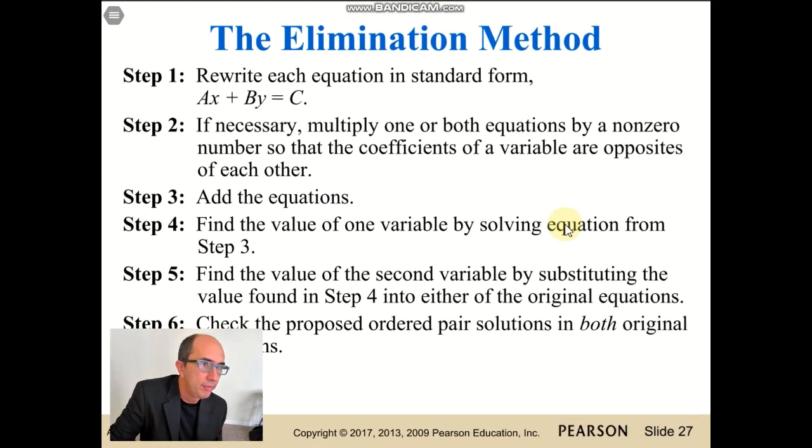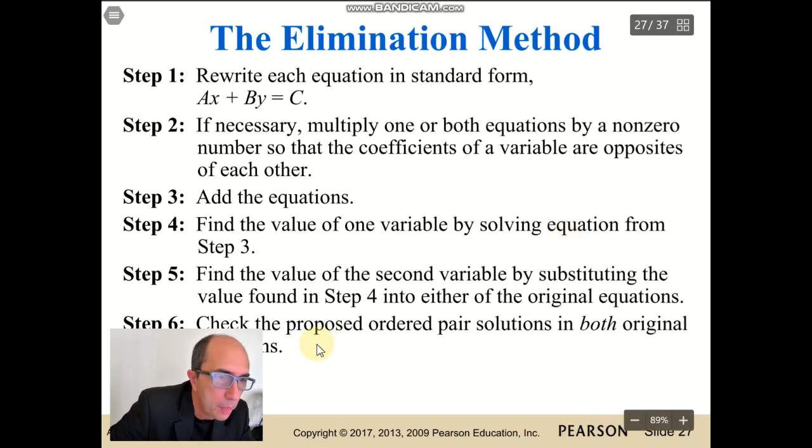Step 4, find the value of one variable by solving the equation from step 3. Step 5, find the value of the second variable by substituting the value found in step 4 into either of the original equations. You can do that, or you can use the elimination method again to find the second variable. And step 6, check the ordered pair in both original equations.